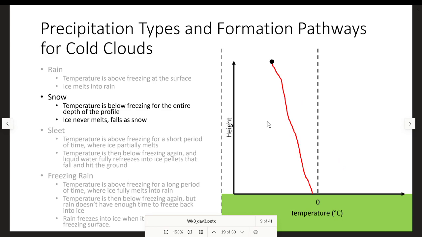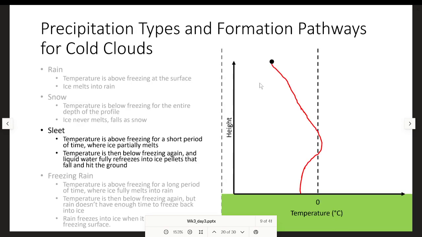I would say almost 100% of the time, that's what happens when it rains here. Okay, snow is similar, but it never goes above the 0 degree line. It just goes down, and it stays below 0 the whole time. Sleet, so this one's kind of interesting. You have this droplet, and it's going down, and it's frozen most of the time.